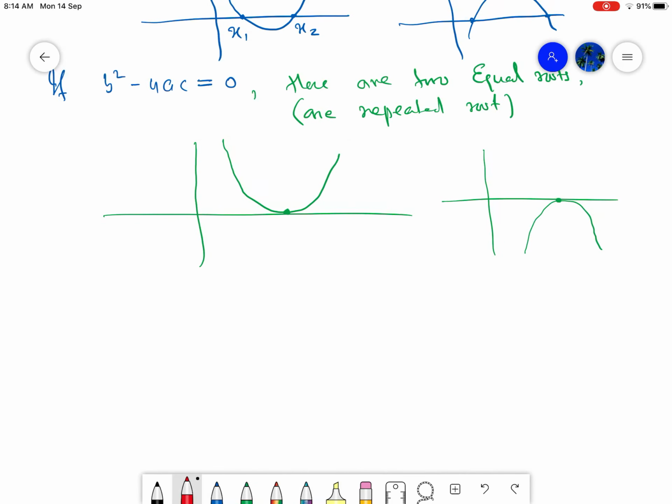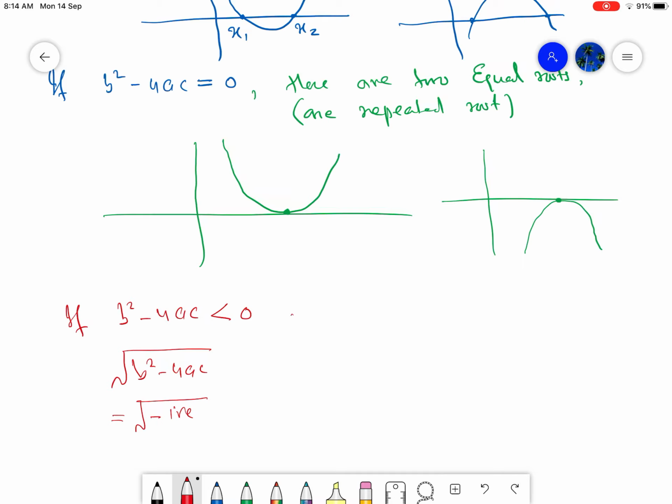And finally, if the discriminant b squared minus 4ac is less than 0, meaning it is negative, and you know that b squared minus 4ac is under the square root, you will end up with the square root of a negative number. So what is the square root of a negative number? It is not a real number. So there is no solution.